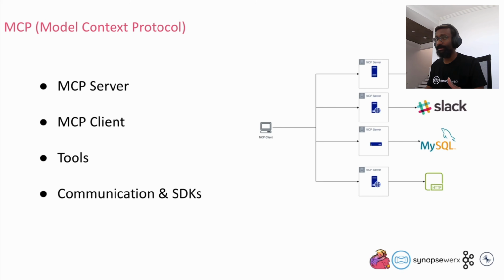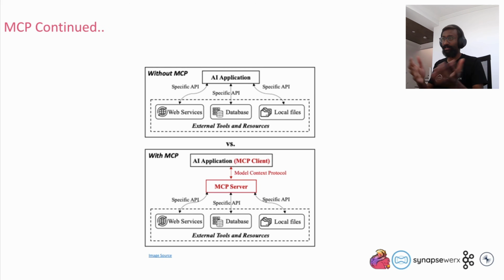So what exactly this means is, this is a simple picture I got from the internet. If you don't use the MCP server, how do you make an integration as of today with your application? You would be making your AI application interact with each of the services we have, right? You've got to write specific, individual APIs and then expose them to the AI application.